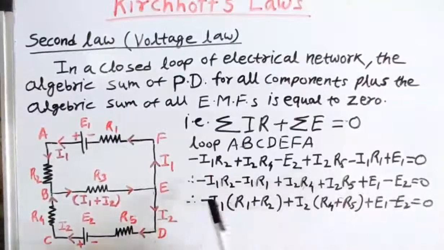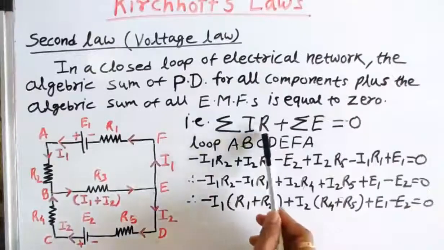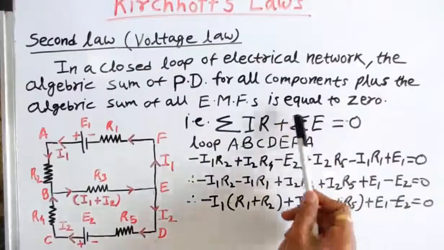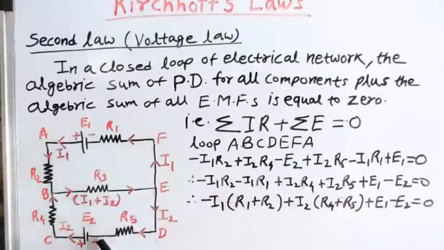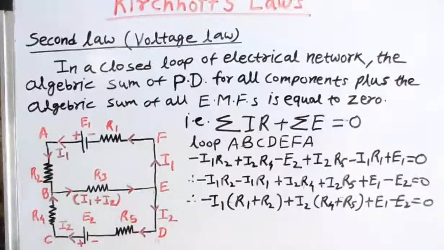From the form of this equation you can clearly see that in this closed loop of an electrical network, the algebraic sum of potential differences of all the components plus the algebraic sum of EMFs, that is E1 and E2, is equal to 0. This is how we can apply Kirchhoff's second law to a closed loop.